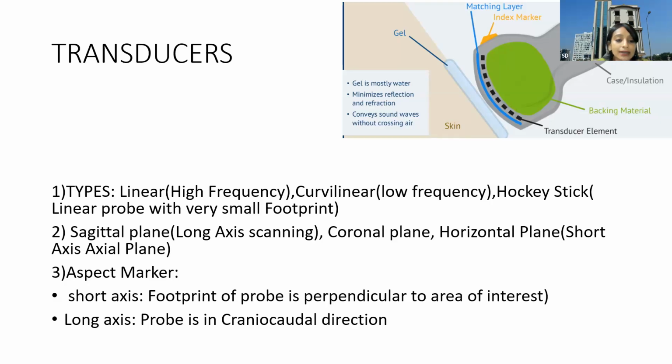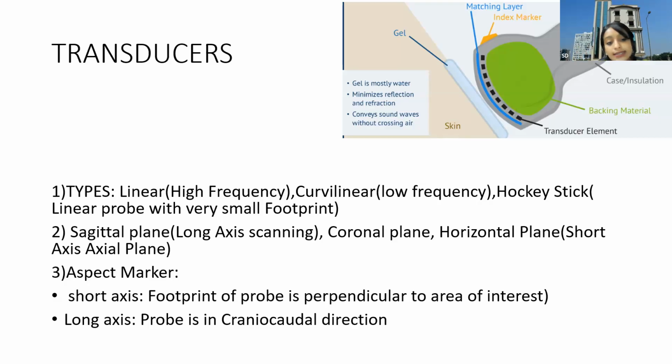One thing we should remember is that the use of the aspect marker is based on the user. If I want to see the lateral side of the body on the lateral side of the screen, that is totally up to me to decide, which side of the aspect marker I will be using in reference to which side of the body I am scanning.